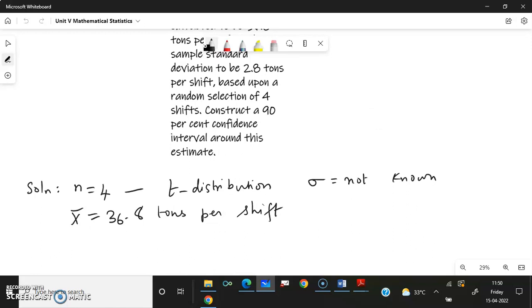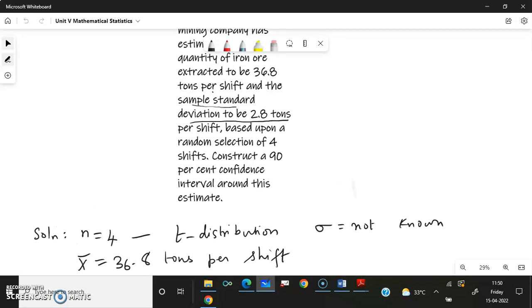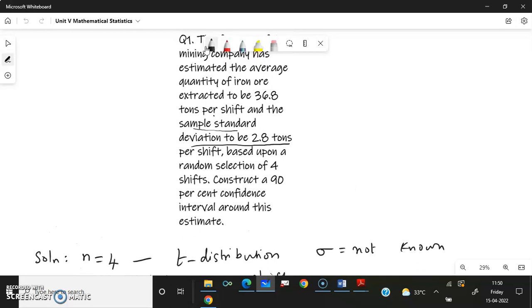Now s is the standard deviation of the sample. Here you can see the sample standard deviation is 2.8 tons per shift. So x bar, what is given here?